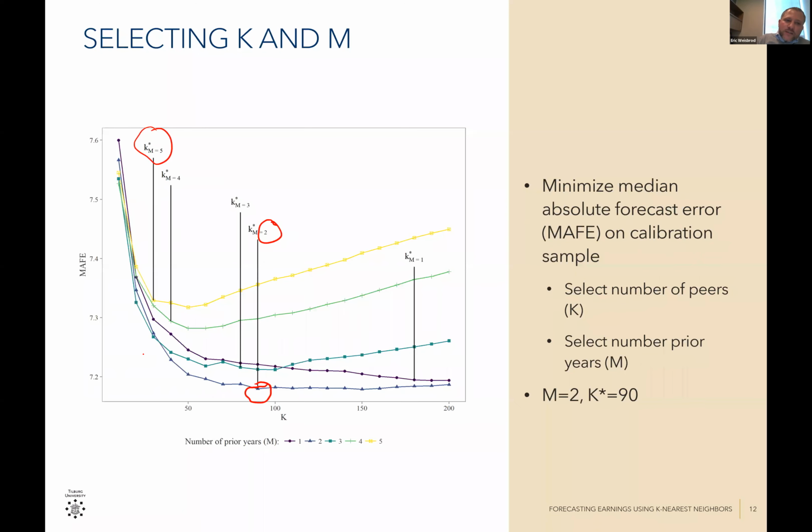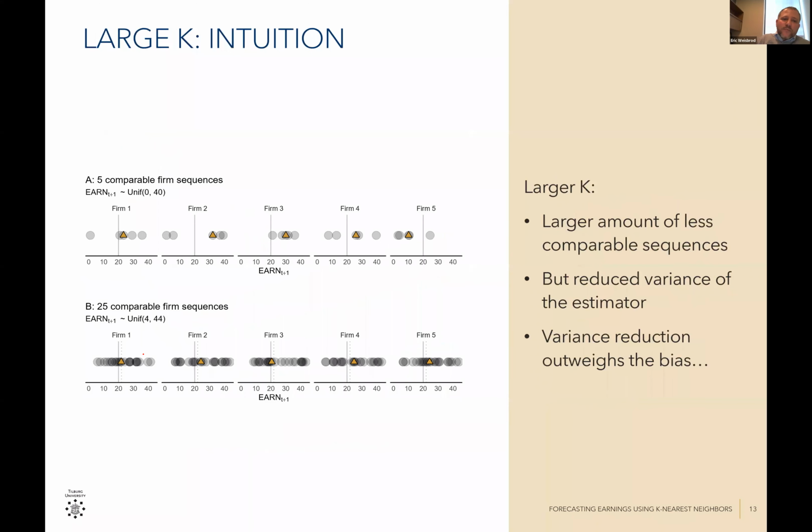This was one thing that was surprising to us coming from an FSA setting. We thought maybe it would be better to pick, let's say, 5 very similar firms rather than 90 peers. So why does it do better to pick more neighbors? One way we tried to provide the intuition: in a statistical or machine learning sense, there's a bias-variance trade-off. If you just pick a few very similar neighbors, sometimes the median of those neighbors will be very close, but sometimes it could be farther away.